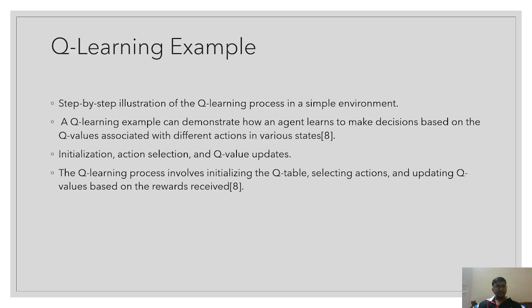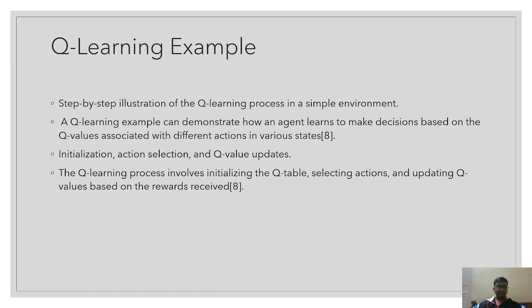Q learning example. Step by step illustration of the Q learning process in a simple environment. A Q learning example can demonstrate how an agent learns to make decisions based on the Q values associated with different actions of various states. Initialization, action selection, and Q value updates. The Q learning process involves initializing the Q table, selecting the actions, and updating the Q values based on the rewards received.